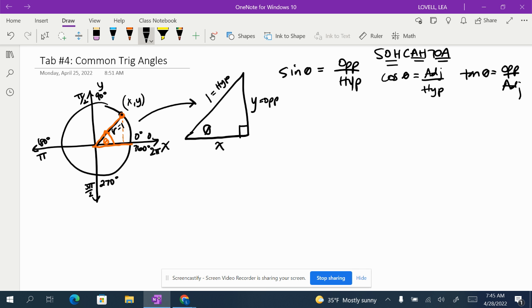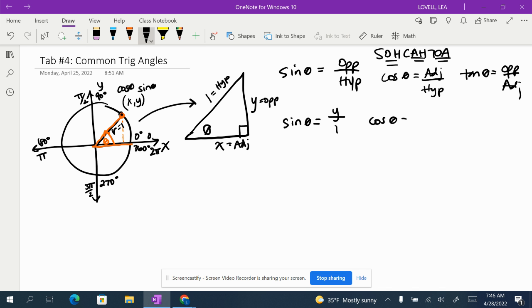Hypotenuse, opposite, adjacent. Just as we talked about the connection between the cosine of theta and x, the sine of theta is going to correspond to y, so just remember that. The reason is that the sine of theta is opposite, which is y, over hypotenuse, which is 1.